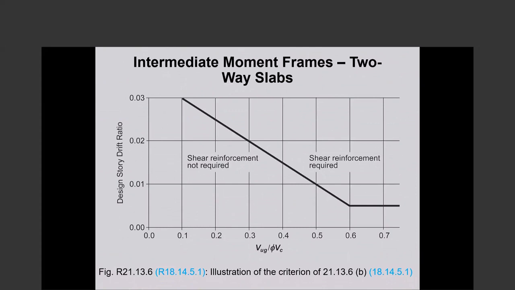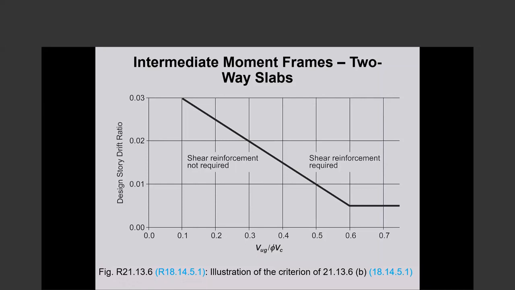On the x-axis is shear caused by gravity, V sub ug. We did not have the sub g, then we have sub g, and now in 318-19 or wherever, this has now become V sub uv for vertical. Anyway, I did not try to have consistent notation.